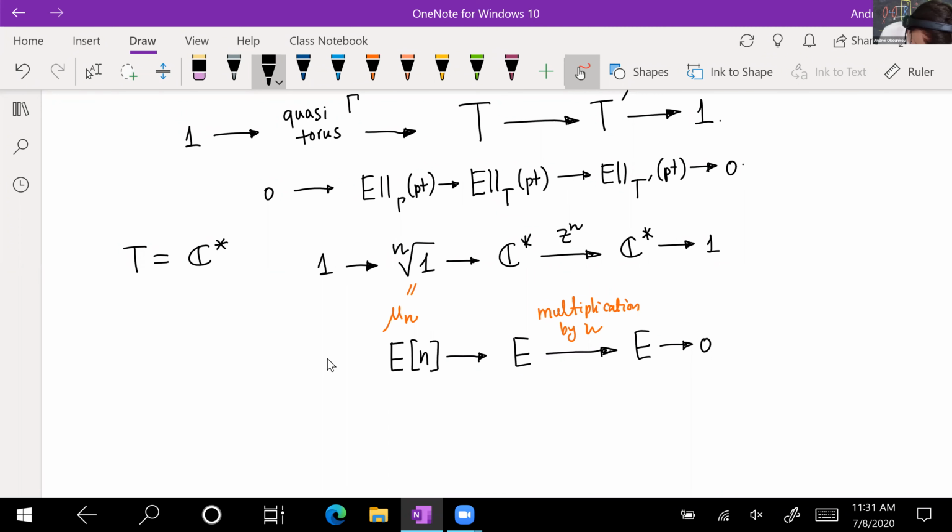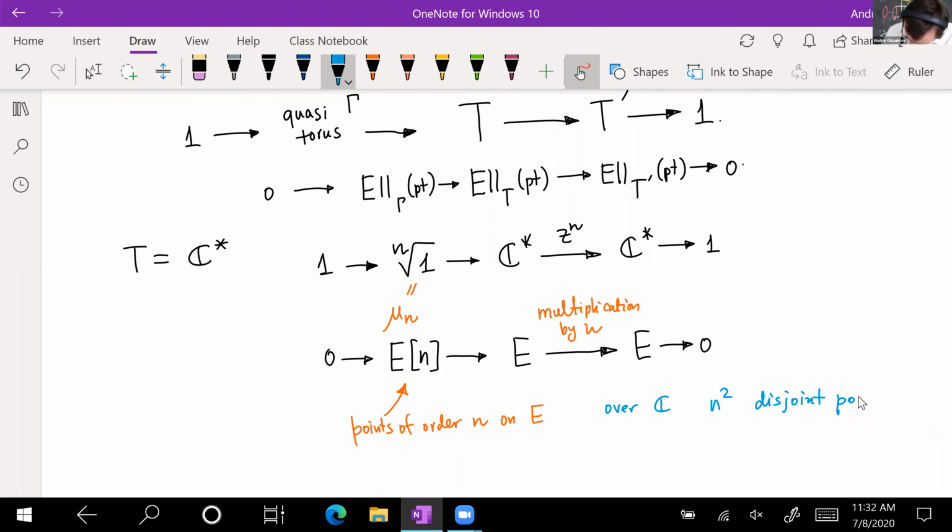These are points of order n on E. And in general, over C, there would be n squared disjoint points. So if I have a point of order n, this would be my fundamental.